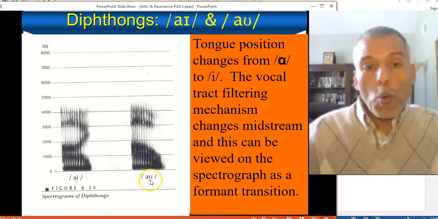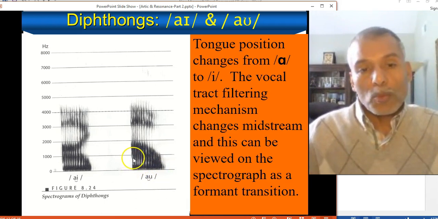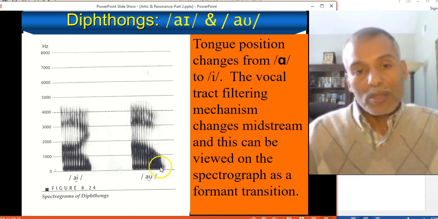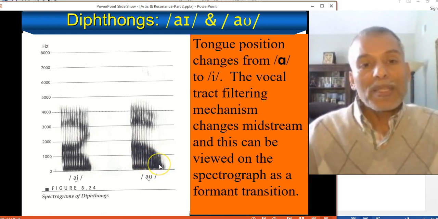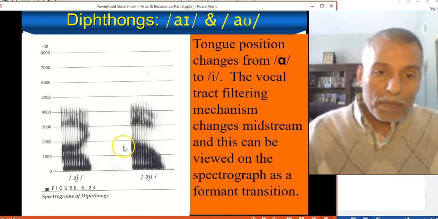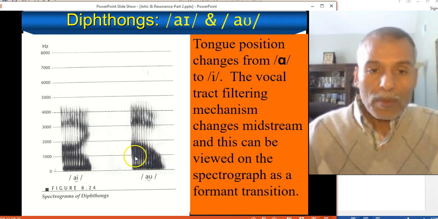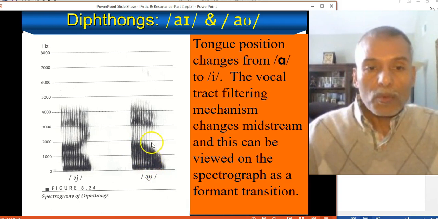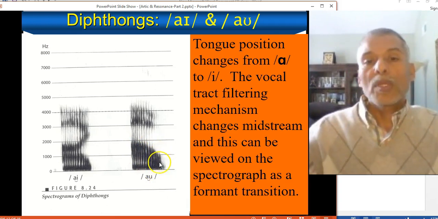For the ow, F1 is high, for oo, F1 is lower. So quickly you go from this area and transition to the oo. But in the end here, when you look at F2, it is going to show about here, and then for oo, it is going to show much lower.